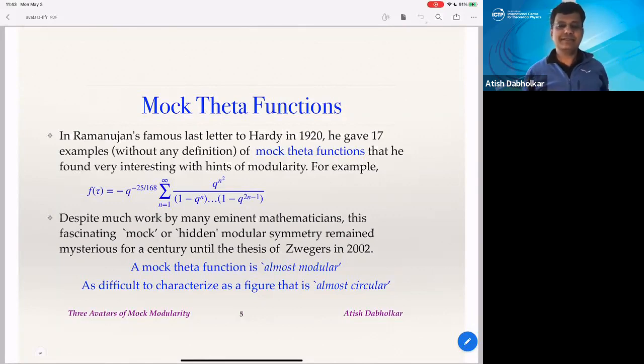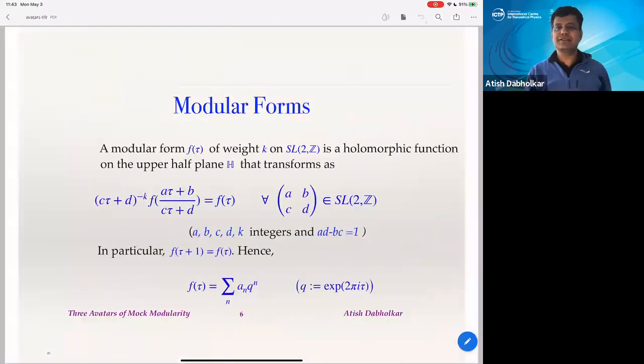It's always very difficult to characterize this. When you say something has a symmetry, it's easy to say that it remains invariant under something. But if you say it is almost circular, it's very difficult to characterize. Is it a little bit circular? Does it have a wiggle? In what sense is it circular? That's why characterizing mock modularity was difficult.